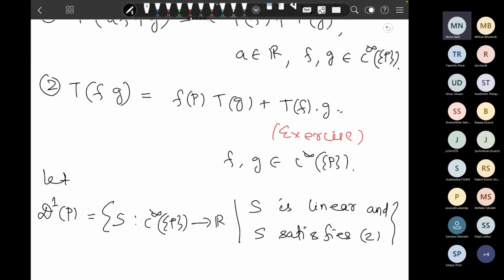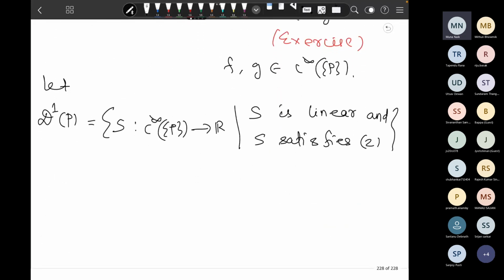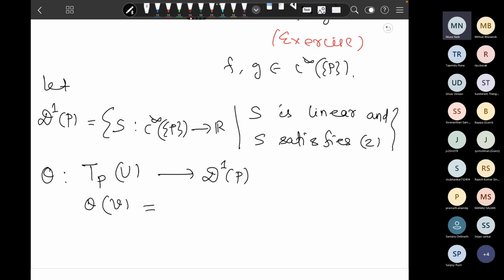It means they satisfy these two properties. So what I am getting is a map from T_pU to D1P; let theta be the map. Theta of v gives the map D_{v,p}. It can be shown that D1P is a vector space.